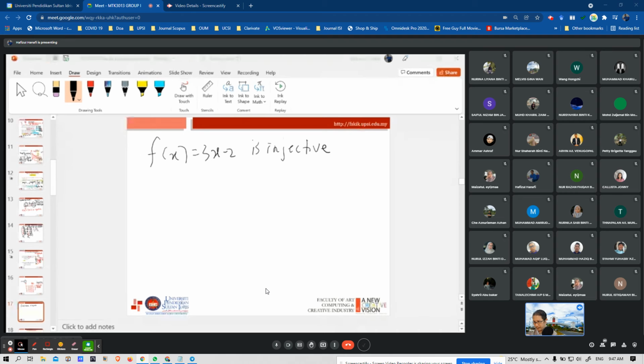We can say that f(x1) equal to 3x1 minus 2, so it's equal to 3x.